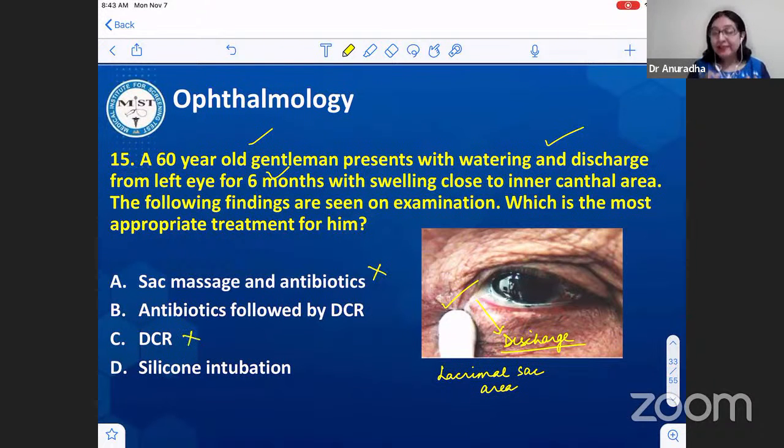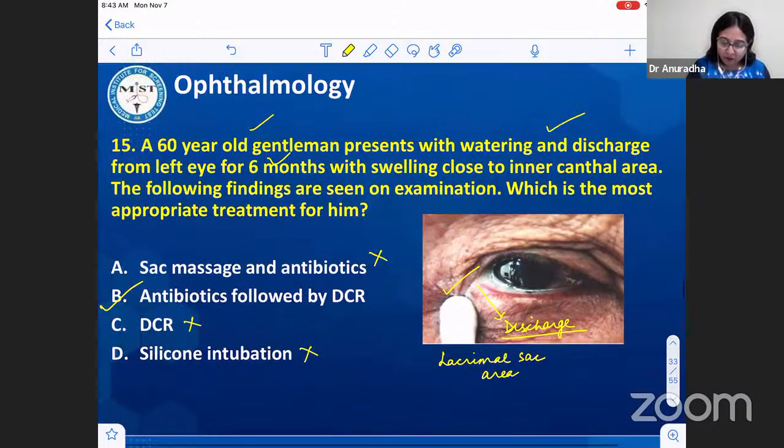First, you will control the infection. So the most appropriate treatment will be antibiotics followed by DCR. Silicone intubation for chronic cases is not going to help. You have to go for DCR. Okay. So antibiotics followed by DCR, choice B is the appropriate one.